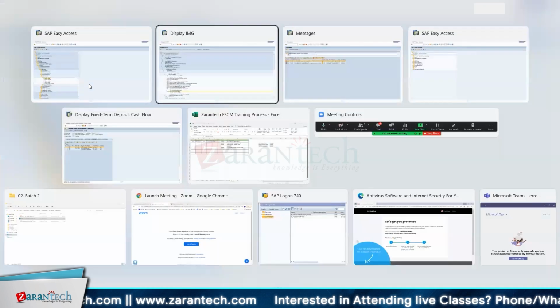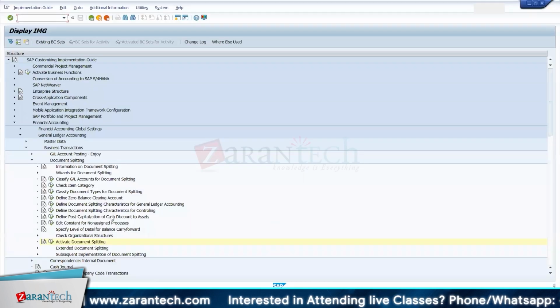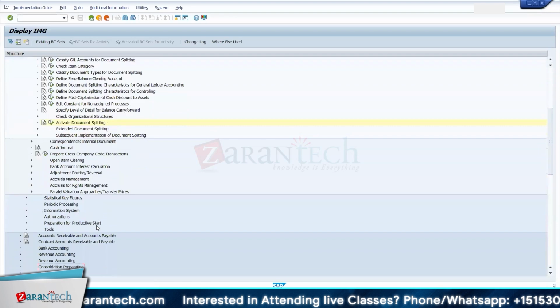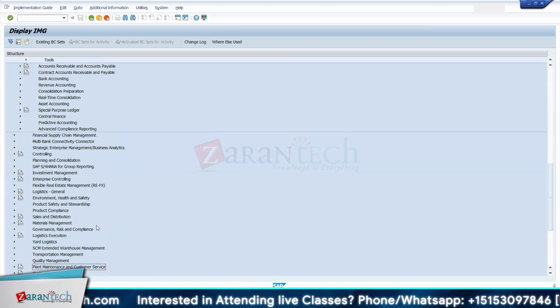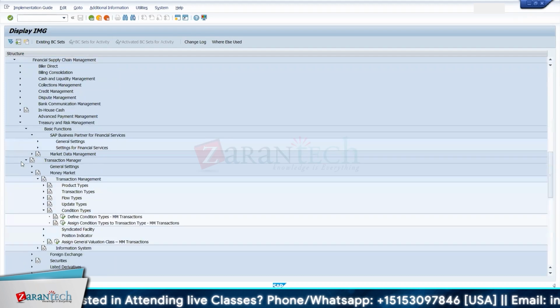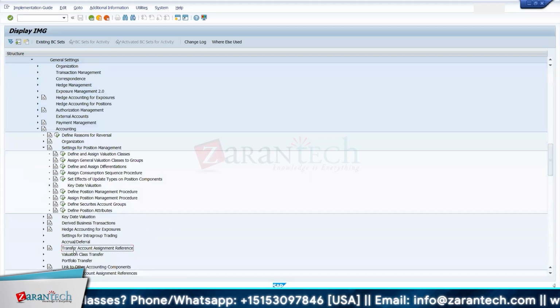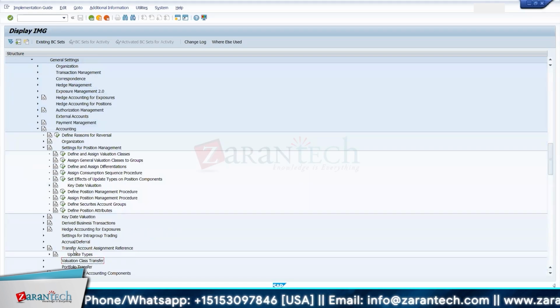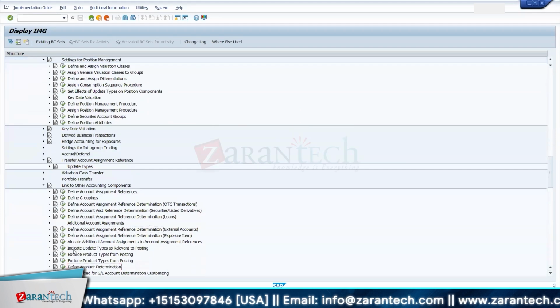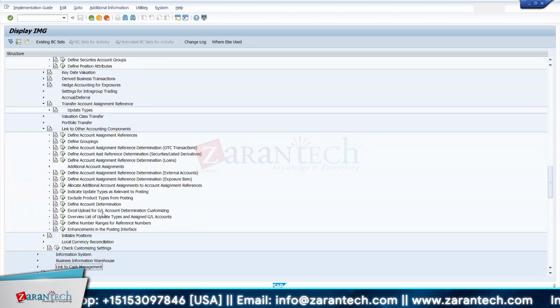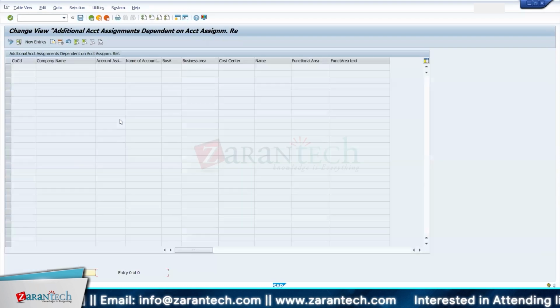Then there is a transaction code for assignment of the cost center. So here, in the treasury module, I'll go to the general settings. Then I'll go to link to other accounting component. You can see allocate additional account assignment for account assignment reference.